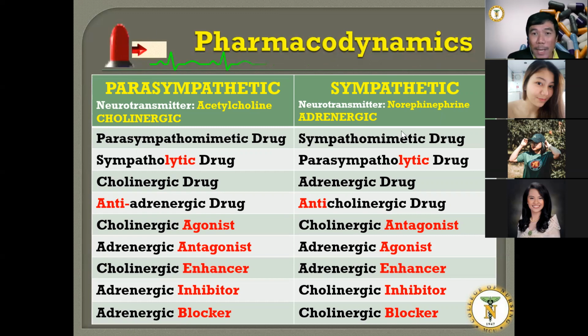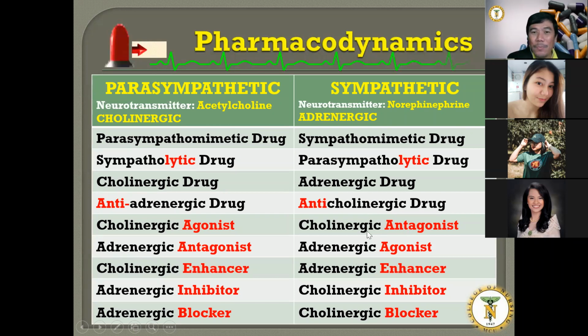If we say sympathomimetic, the action of the drug is similar to the sympathetic nervous system. Parasympatholytic, class, we have used lytic. If it inhibits the action of the parasympathetic, it will have a sympathetic response. It is also called an adrenergic drug, simply because the term adrenergic is associated with sympathetic.